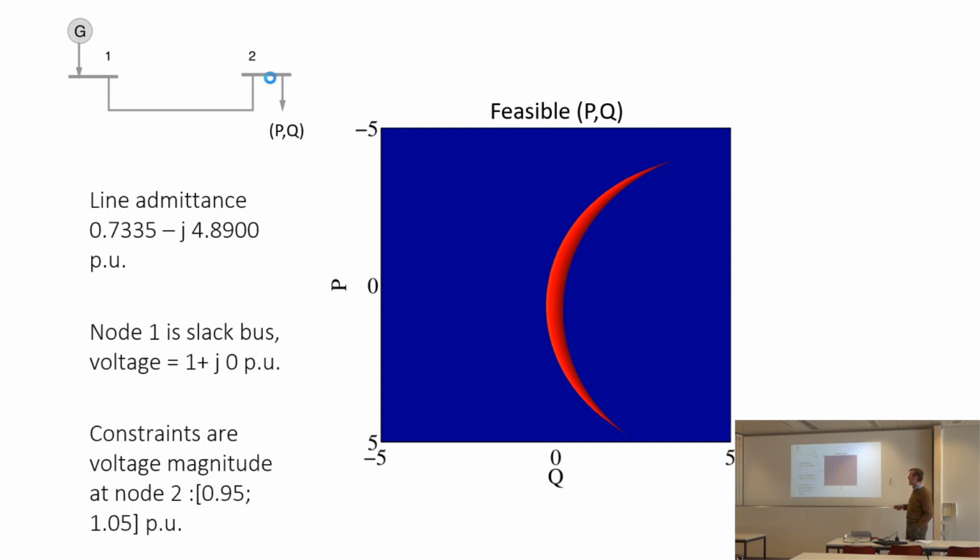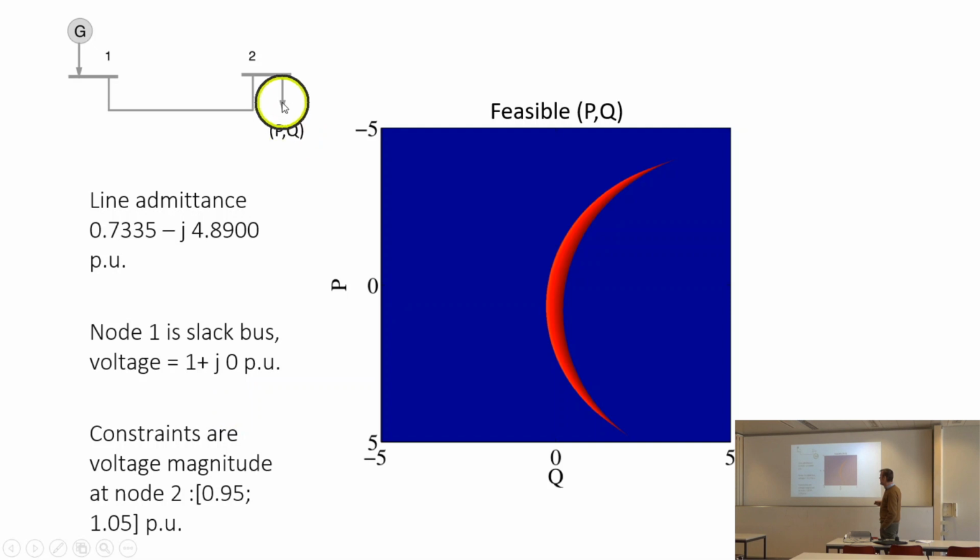The current on the line may be too large, so we might violate the ampacity limit, or the voltage will typically drop. If I consume a lot of power, typically there will be a drop of voltage here. Here, I'm assuming the line ampacity limit is very, very large, but I have a constraint on voltage magnitude.